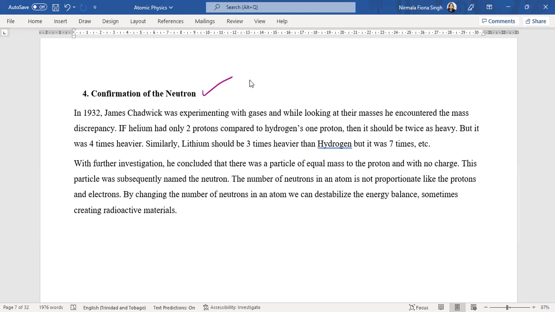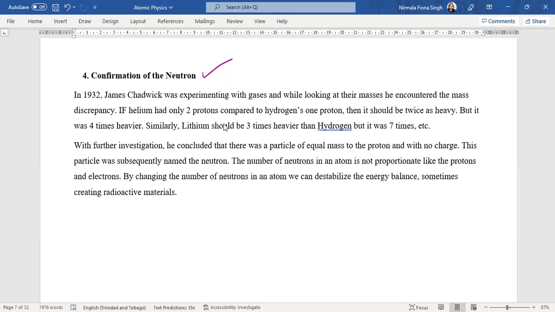So in 1932, James Chadwick was experimenting with gases. And while looking at their masses, he encountered a mass discrepancy, as in there was something heavy in the atom that made atoms heavier that they could not account for at the time. So let's look at it from a maths-wise point of view. Let's look at helium.